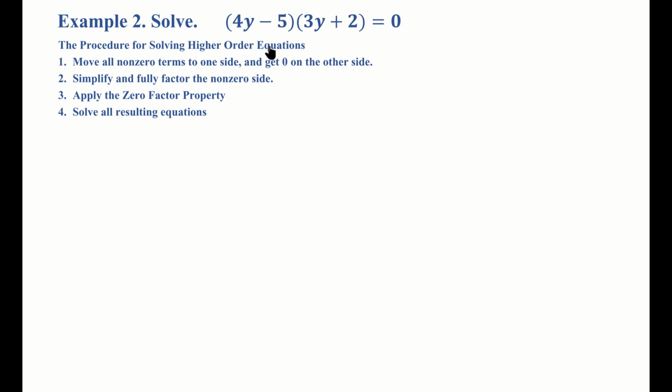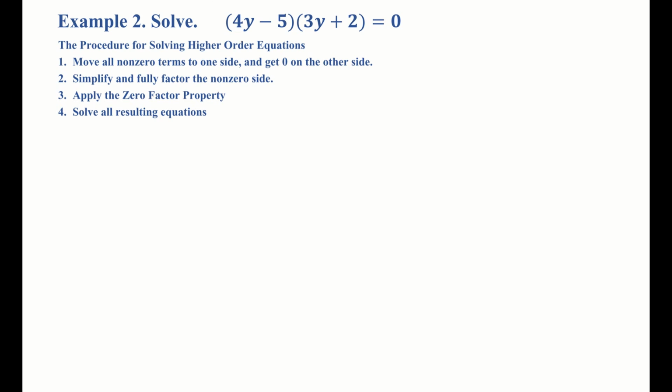All right, so here we have another equation. It looks a little bit more complicated than the previous one, but it's in the same format. In other words, step 1 and 2 have been taken care of for us. The variable terms are all on one side, 0 is on the other side, and this side is simplified and fully factored. So we're ready to apply the zero factor property.